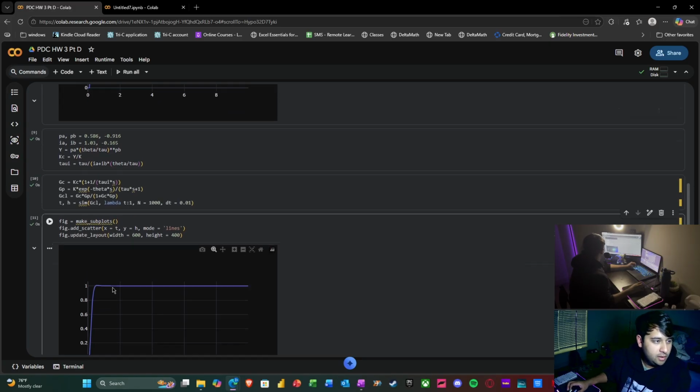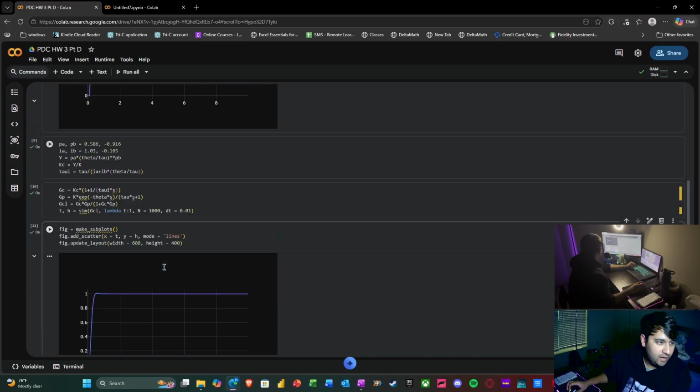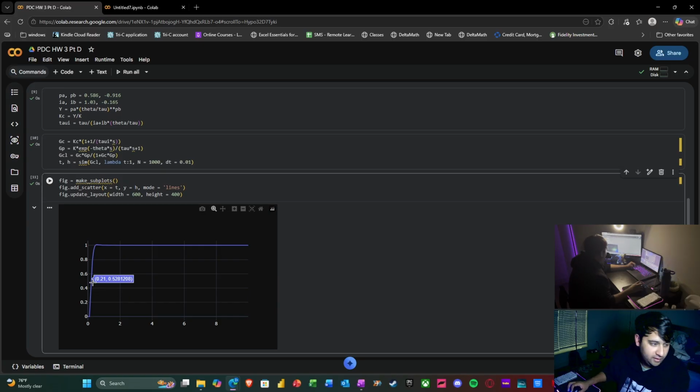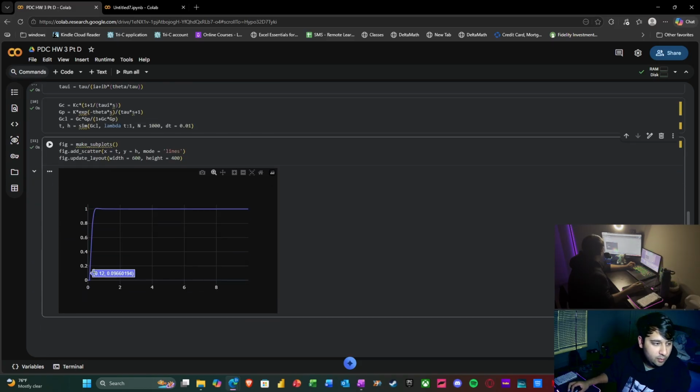There we go. And we can see there's a drastic difference between this graph and this graph, so the tuning method has definitely worked. Comparing them, we don't really have oscillations, especially a spike above 1.5, whereas here it doesn't really spike too much.